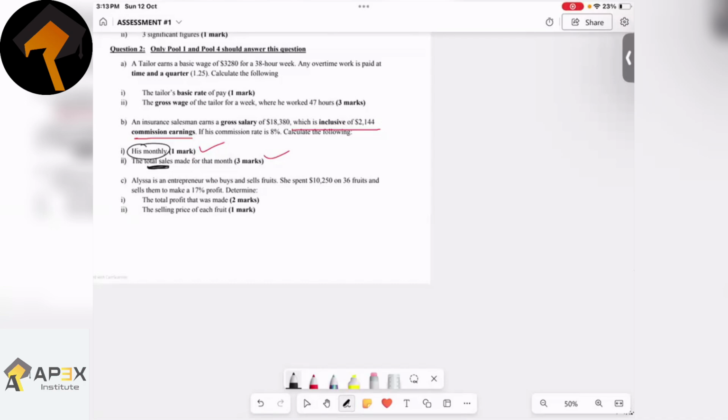So in total, we don't know what type of fruit, and I don't think we care what type of fruit. We just know that the 36 fruits that she bought cost her a total of $10,250. So this might be an important part of the information to take out. So I already know from here that the cost price is equal to 10,250.